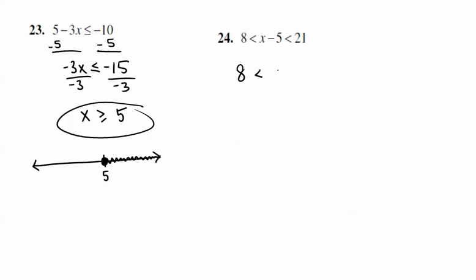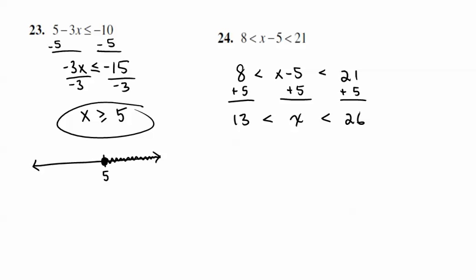We're just going to do the same thing to all sides, to all parts of it. We want to isolate the x, so we add 5. But we're going to add 5 to all three sides here, so that we end up with 13 is less than x is less than 26.